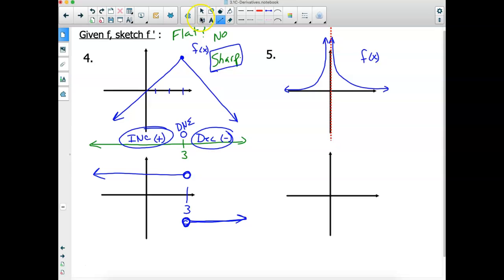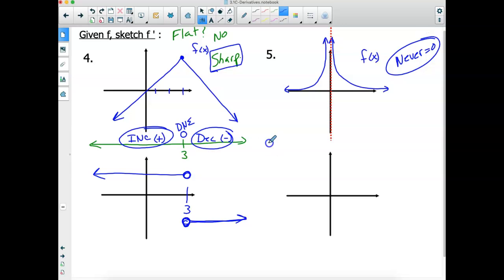So what does that mean? That means f of x never equals 0. That means x can never equal 0 because it's a vertical asymptote. It's an undefined. So what do I do?